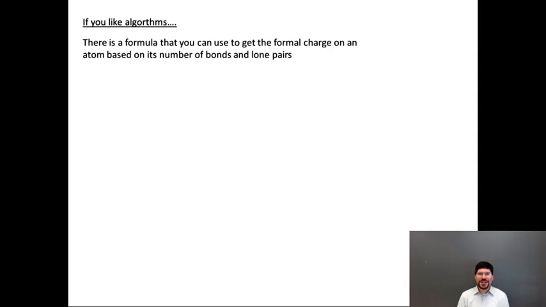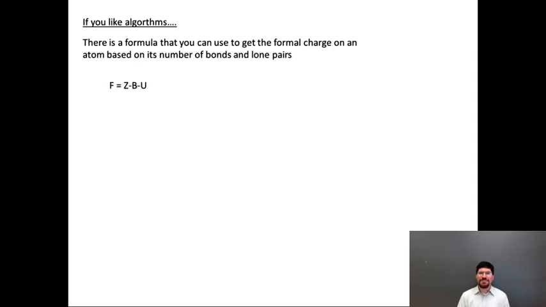Now, there's an alternative way of thinking about what I've just given you, if you like algorithms. If you want to just memorize a formula and know exactly how to get the right answer from the formula, there is a formula that you can use to get the formal charge on an atom based on its number of bonds and lone pairs. The formula is as follows.